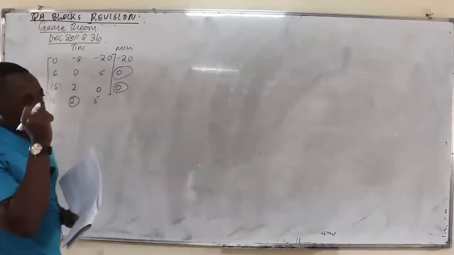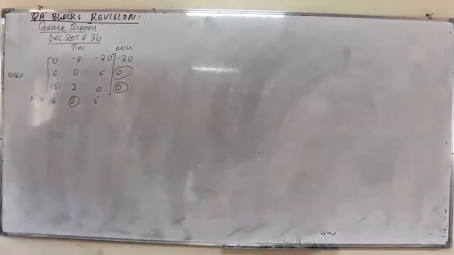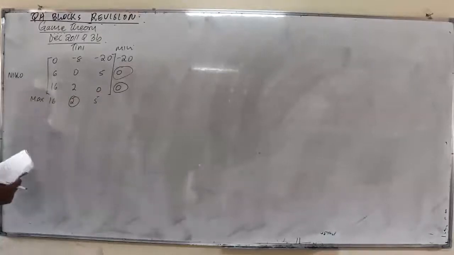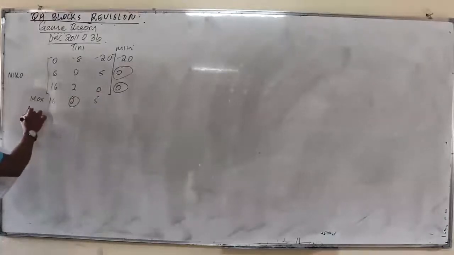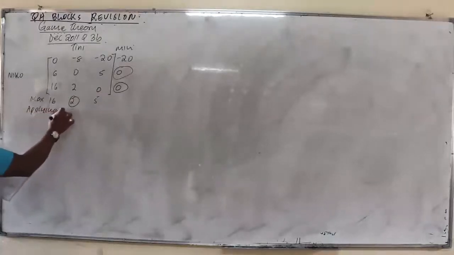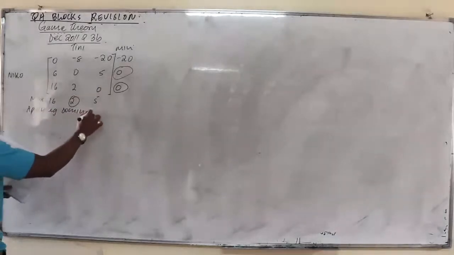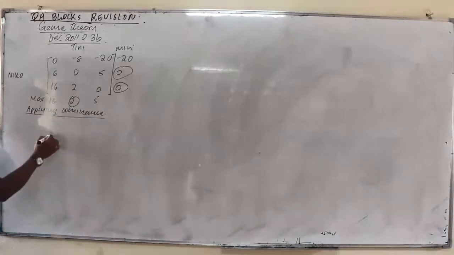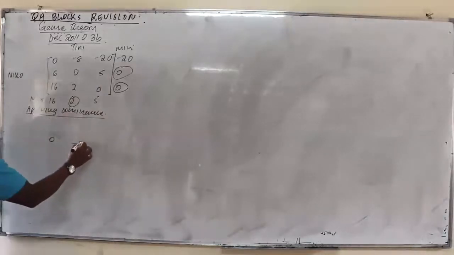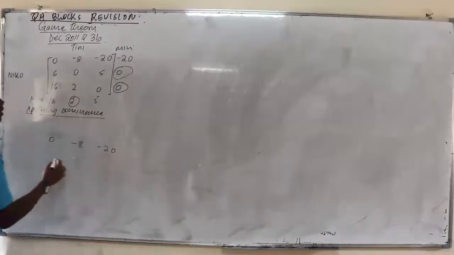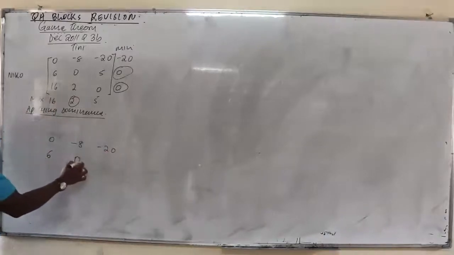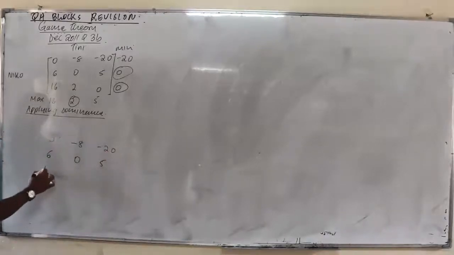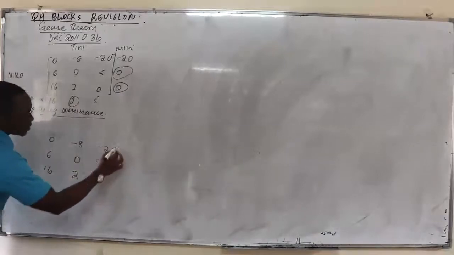If we don't have any saddle point, that's when we apply the rule of dominance to make it reduce to a 2-by-2 game. So applying dominance. So how do we apply dominance? So 0, -8, -20, 6, 0, 5, 16, 2, 0.